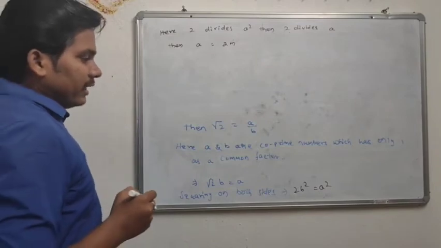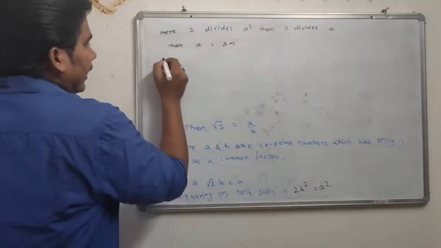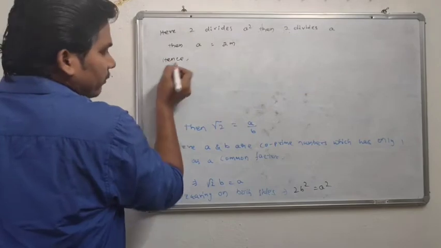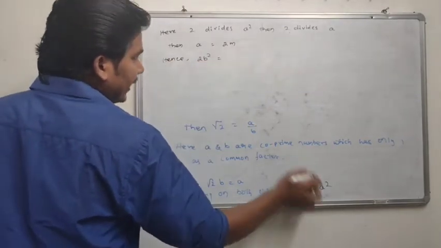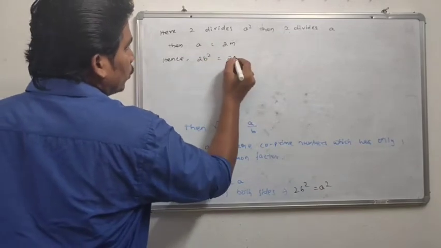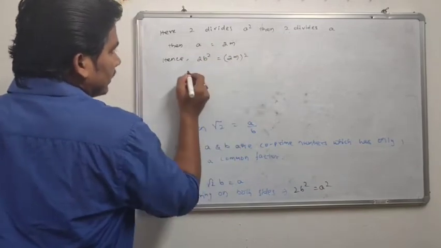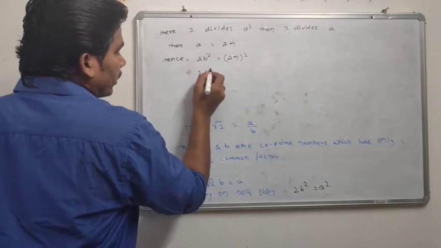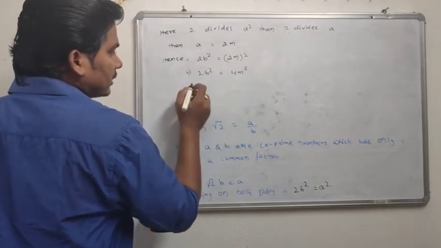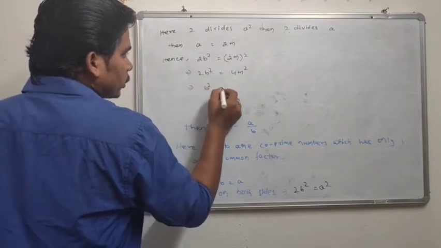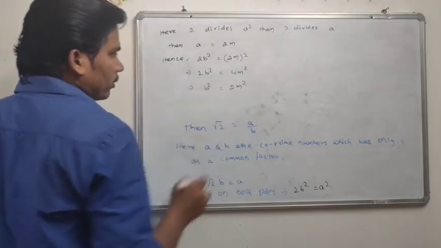Then if a equal to 2m, what will happen? 2b square equal to a square. What is the a here? 2m square. Then this will be 2b square equal to 4m square. If I divide 2 on both sides, what will I get? b square equal to 2m square.